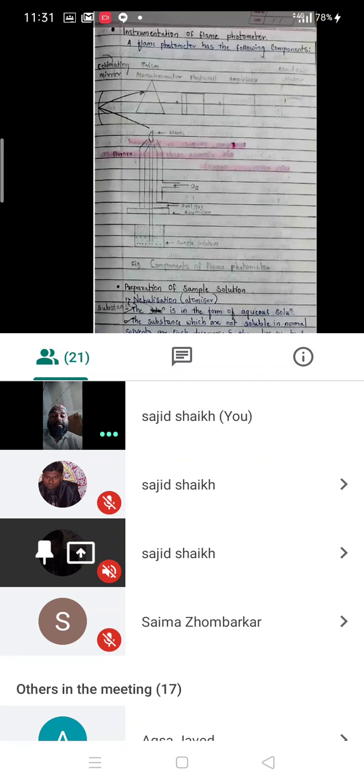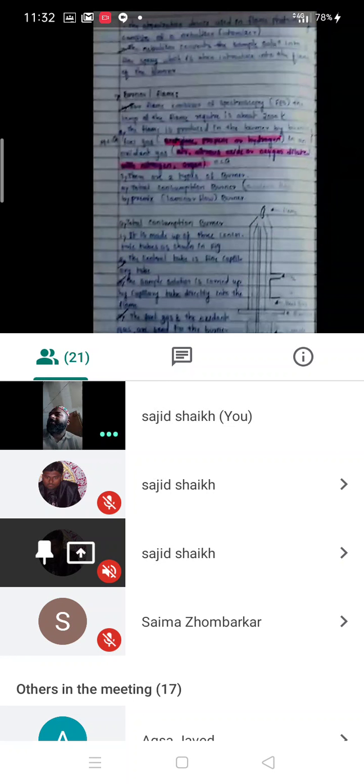For this purpose we have seen the nebulizer or atomizer is used to convert the sample salt solution into fine spray form.